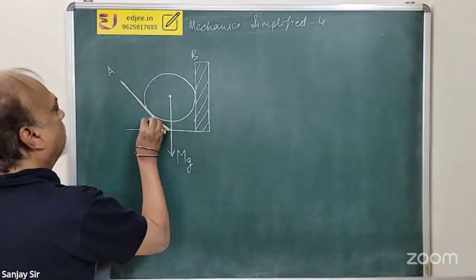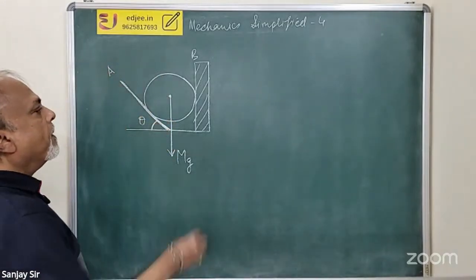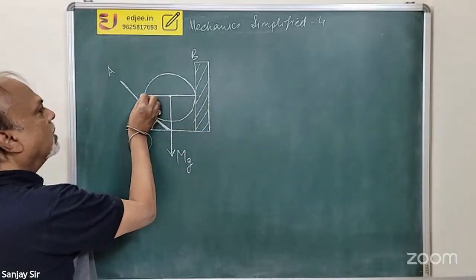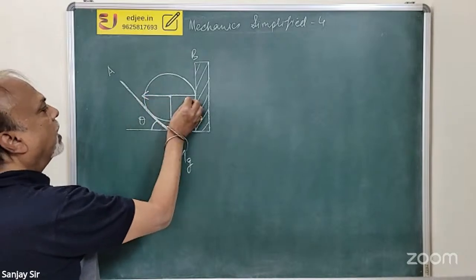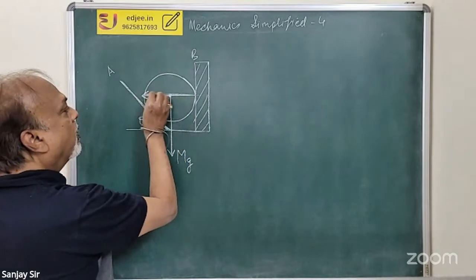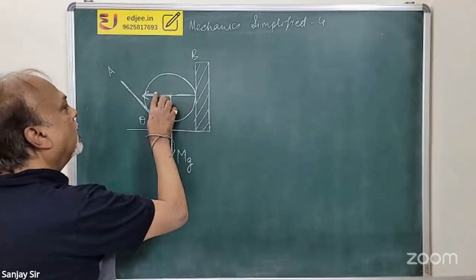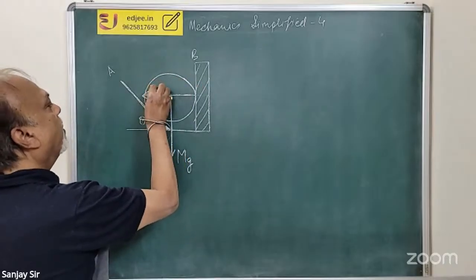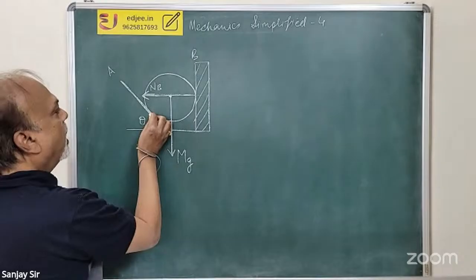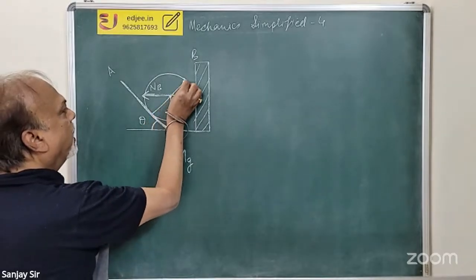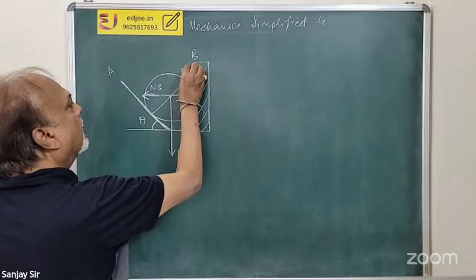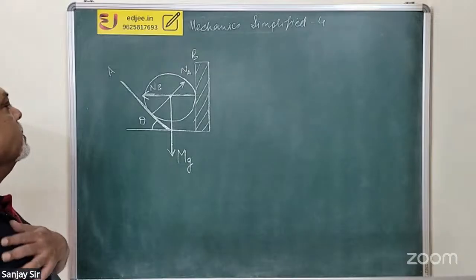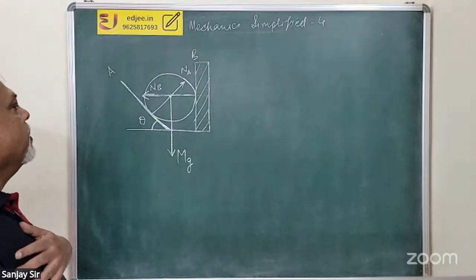Suppose this is theta. Then there will be a normal reaction from this wall. It will go through the center. This you can say NB. And another normal reaction is NA.